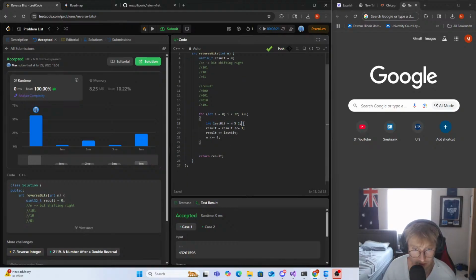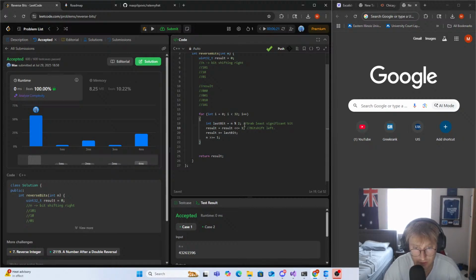So we grab the first value, right? Again, this is the same thing, but instead we're actually doing it, instead of working with the specific integer, which is really slow. So we grab our least significant bit, then we bit shift by 1 left for our result.